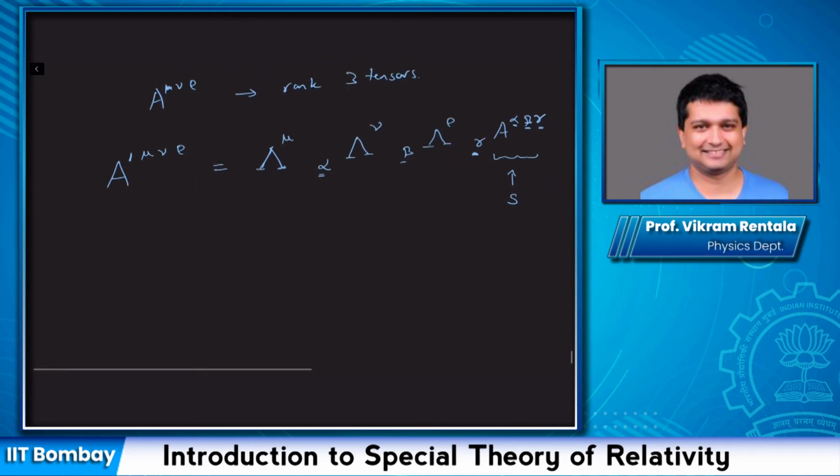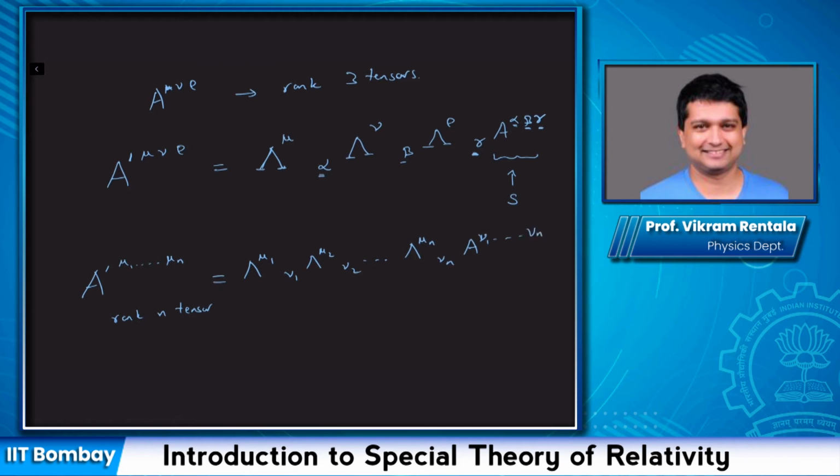And so the most general rank n tensor that I can write down is something like this. A prime mu1 to mu n. This is a rank n tensor, and this transforms in the following way: lambda mu1 nu1, lambda mu2 nu2, lambda mu n nu n, A nu1 to nu n.